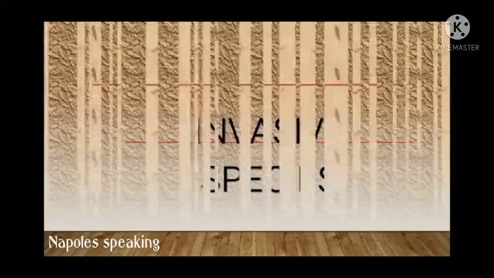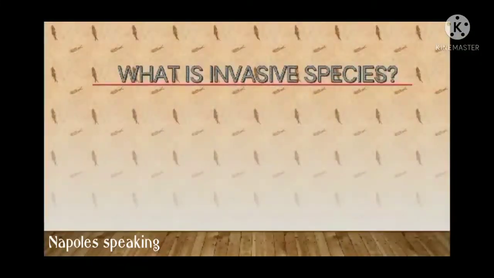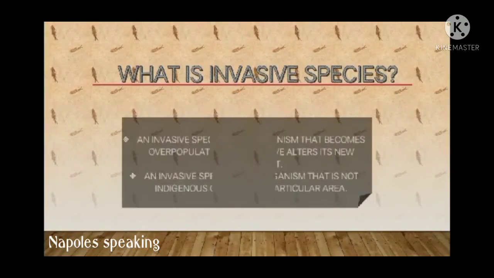Invasive species. What is an invasive species? An invasive species is an organism that becomes overpopulated and negatively alters its new environment. An invasive species is an organism that is not indigenous or native to a particular area.